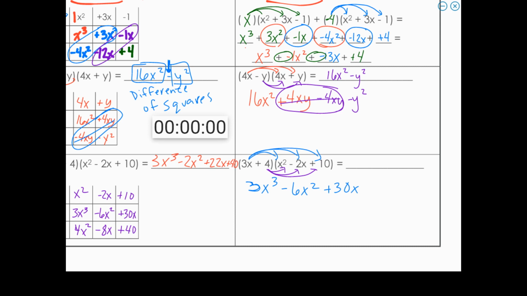And if I'm going to draw my arrows and save myself from writing everything out again, then I'm also going to use the vertical alignment like we did yesterday. So 4x squared, I'm going to line that up right here, minus 8x plus 40. Now I've got everything lined up to see exactly how I'll get my answer.